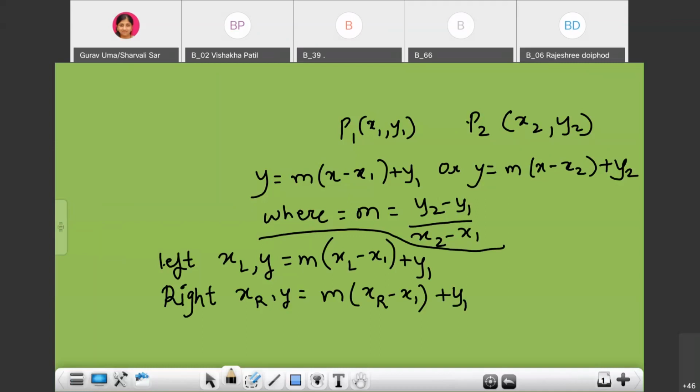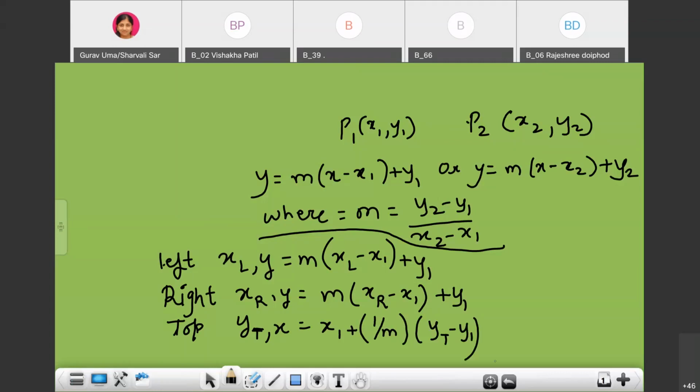Similarly for top, my points will be x comma yt. My formula for this will be x1 plus 1 upon slope m, times (yt minus y1).